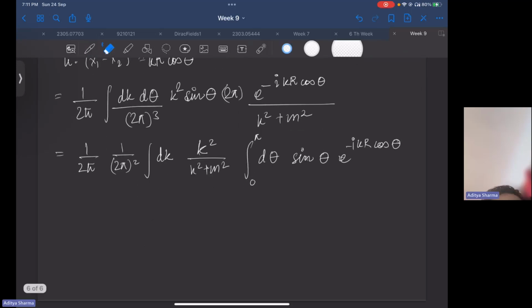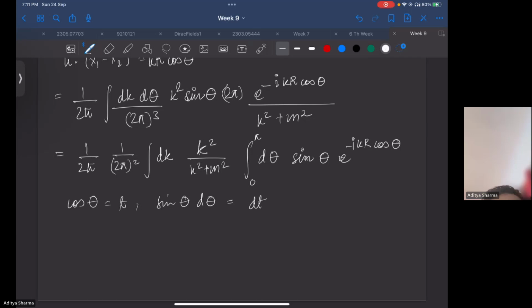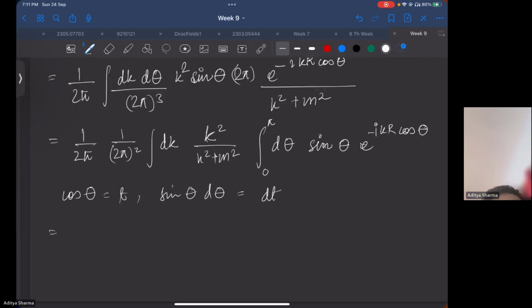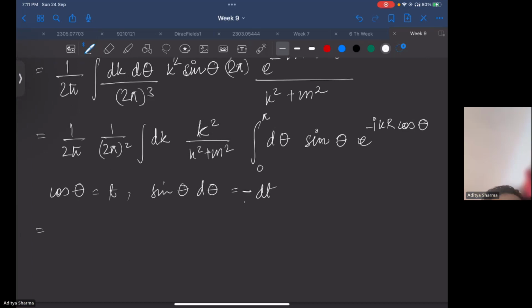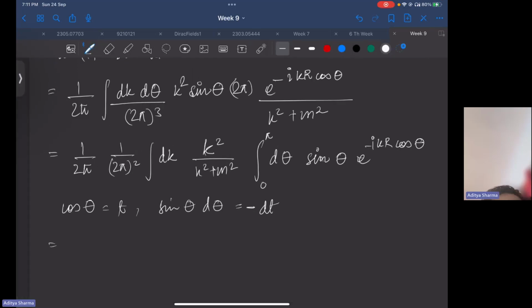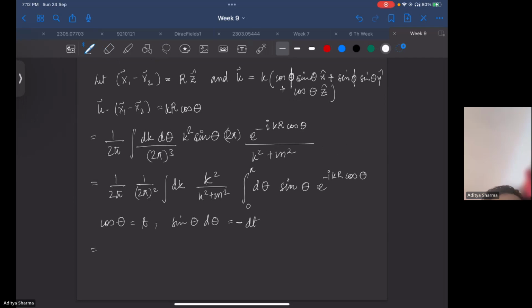With cos theta equals t, sin theta d theta is dt, and your integral range is from 1 to minus 1.